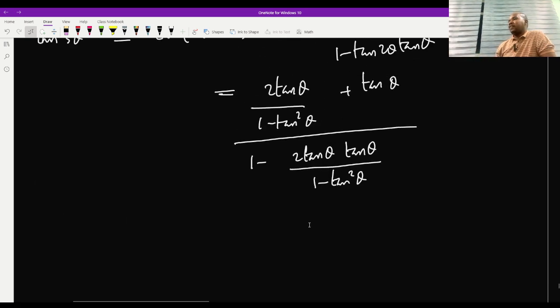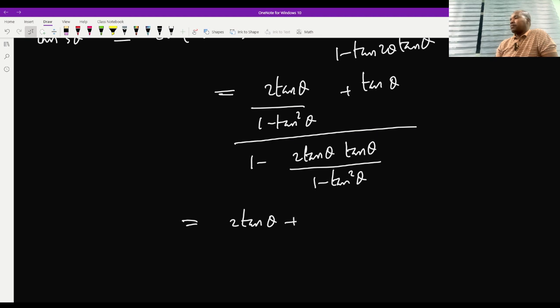By simplifying, this is going to be equal to 2 tan theta plus tan theta within the bracket 1 minus tan square theta.